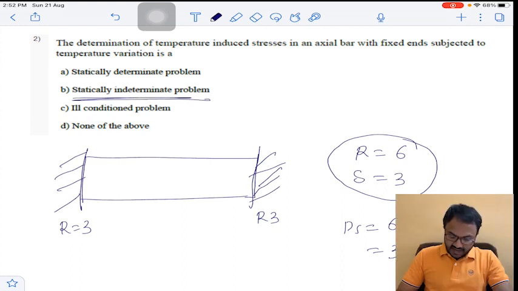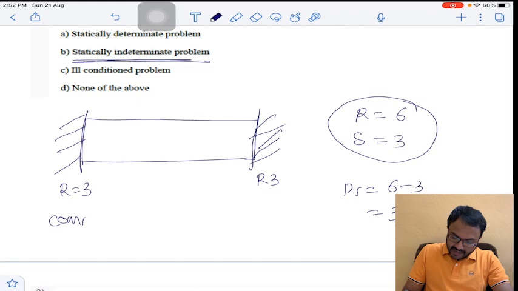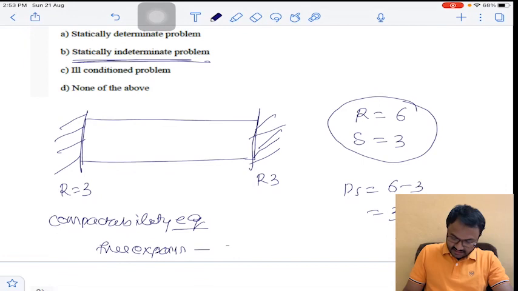Here to find how much stress is developed, we use some compatibility equation. So the compatibility equation is free expansion minus elongation due to fixed reaction.